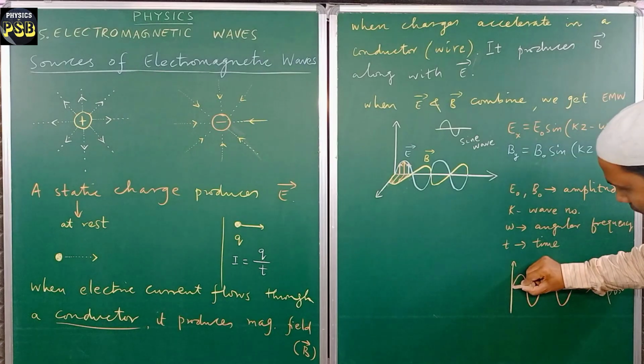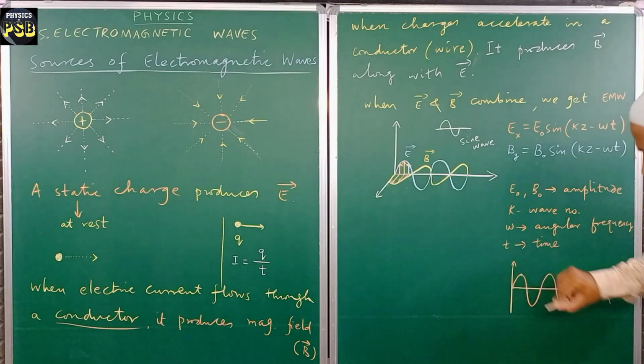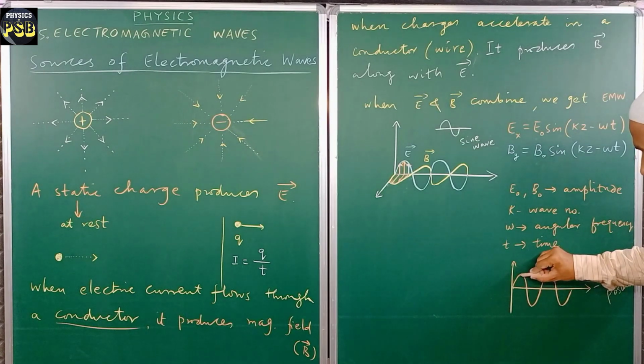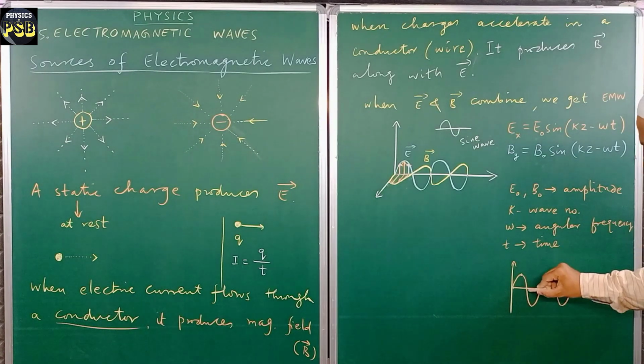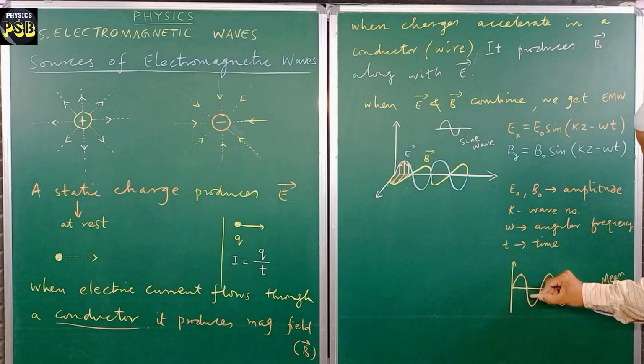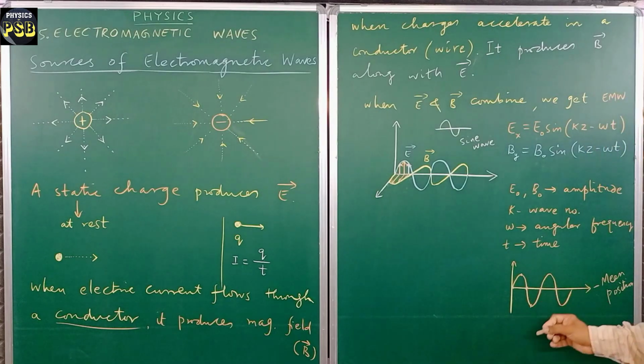See, a particle starts from here and goes to its extreme end. Maximum displacement is reached by the object when it reaches this point. Then it returns back to its starting point, to this line, which represents the mean position. Then it moves downward to its extreme end again in the opposite direction.